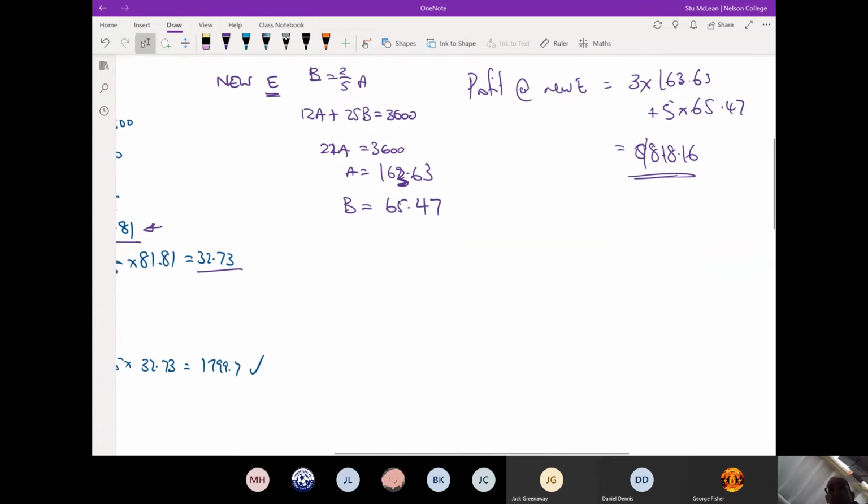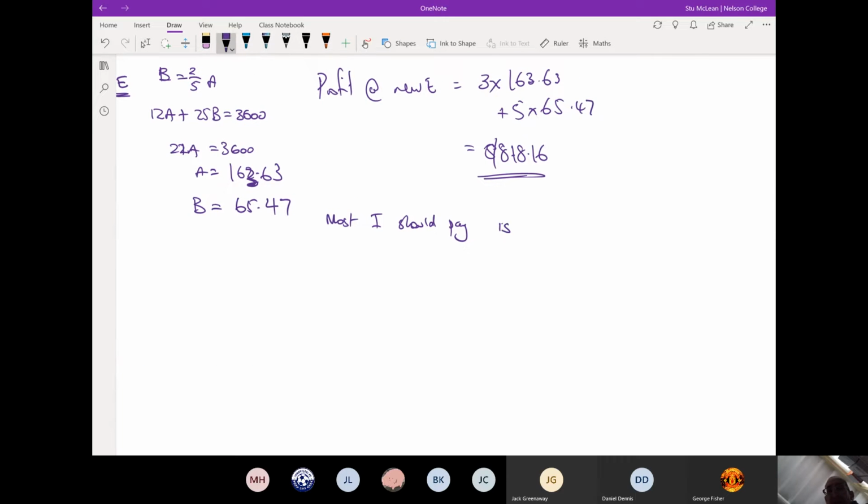So the most I should pay is the new profit minus the old profit, which is 818.16 minus 409.08, which is 409.08.